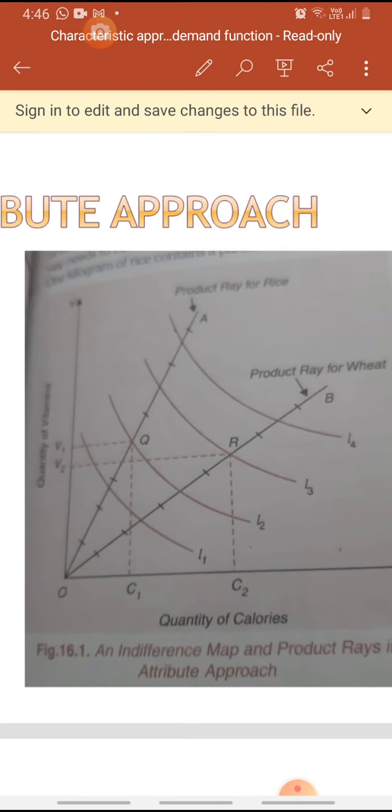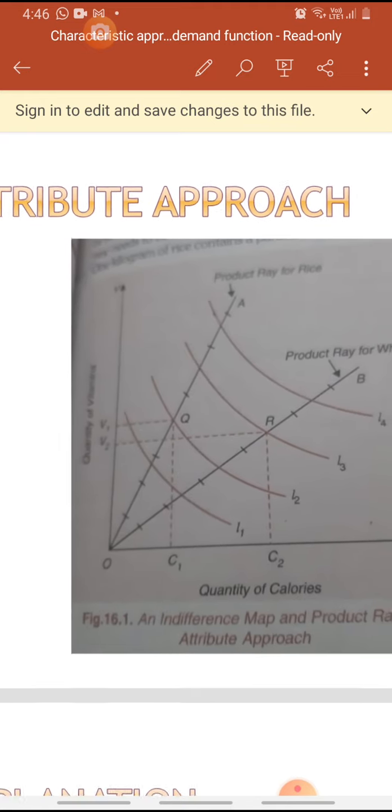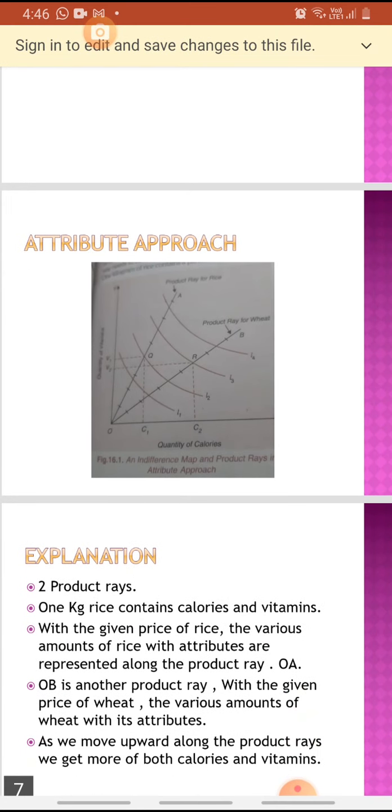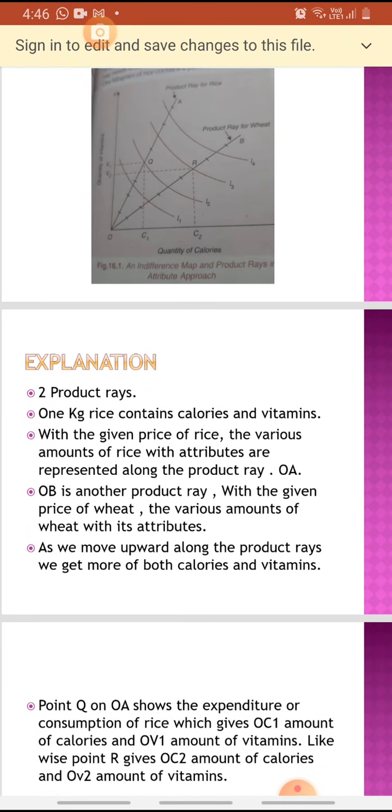Here, two product rays are given: OA for rice and OB for wheat. One kg of rice contains calories and vitamins.